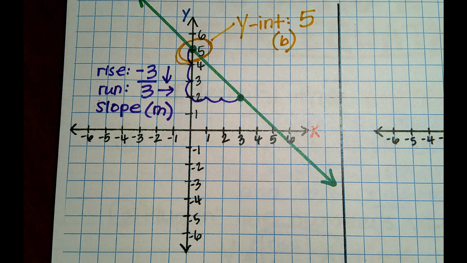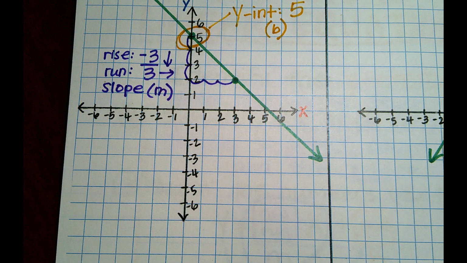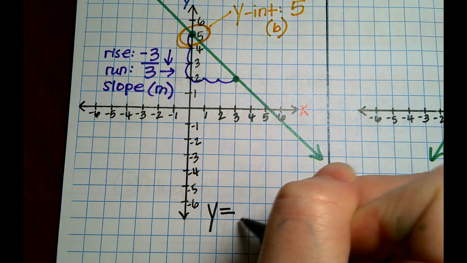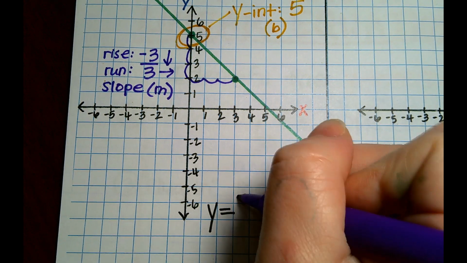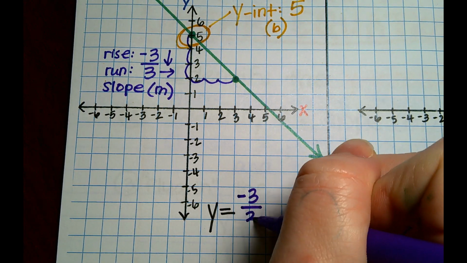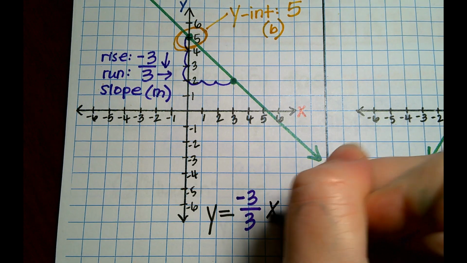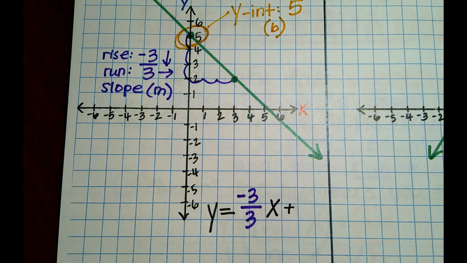So I'm going to write my equation and leave spaces for the numbers I just found. We've got y equals -3 over +3 x plus 5.